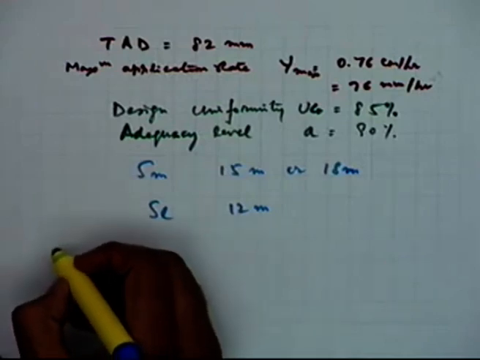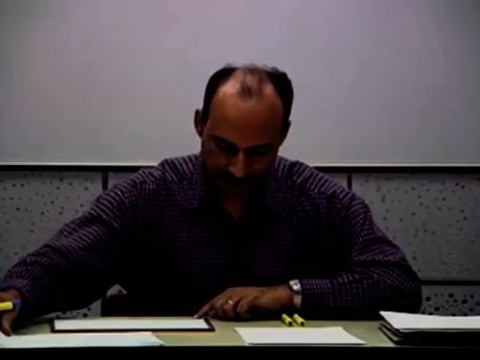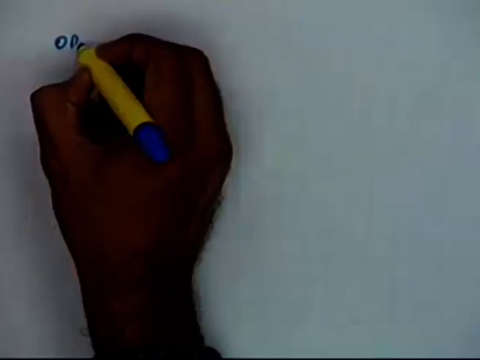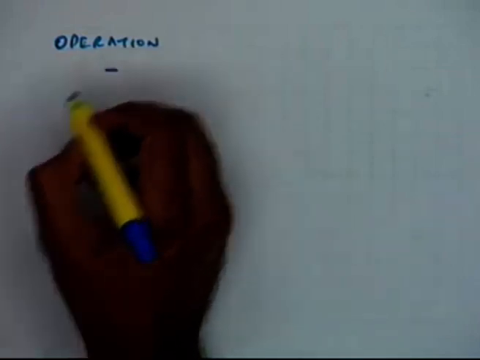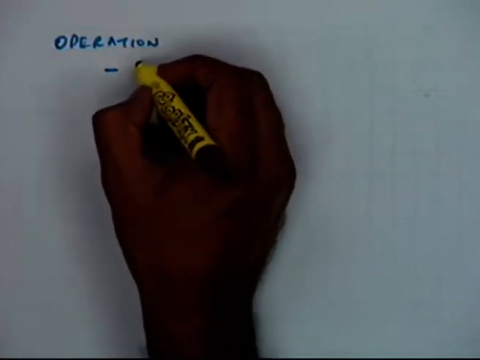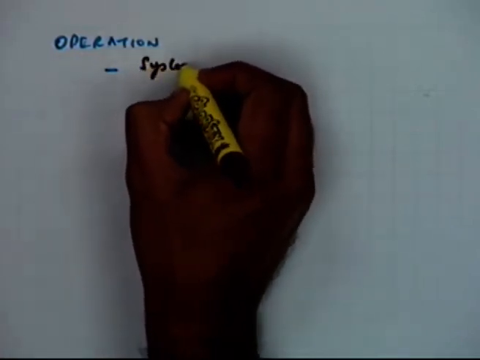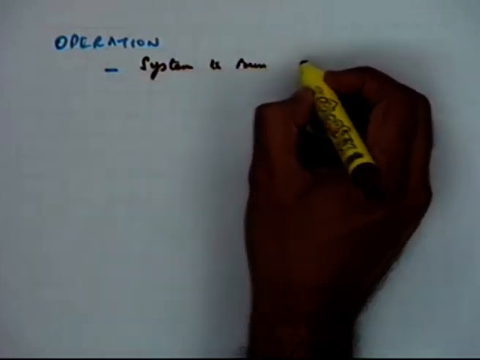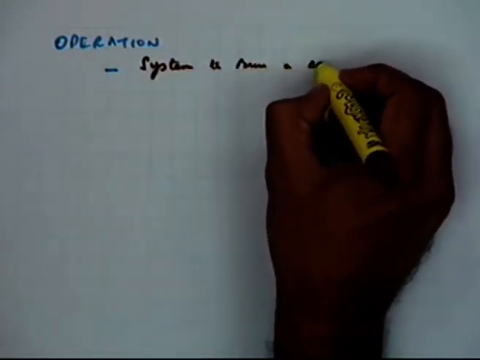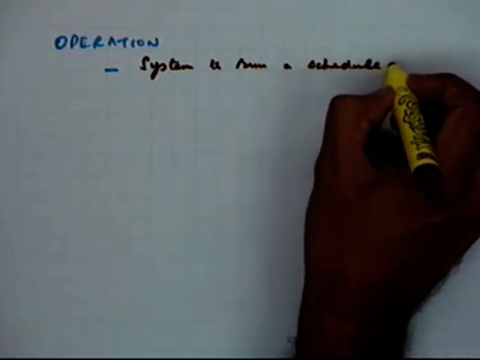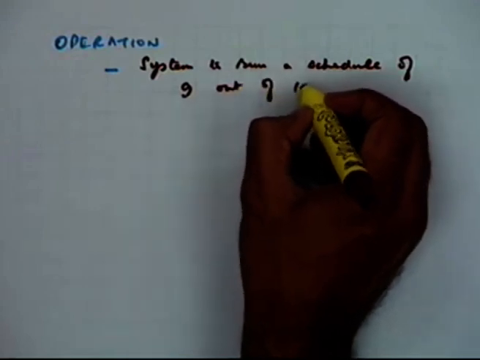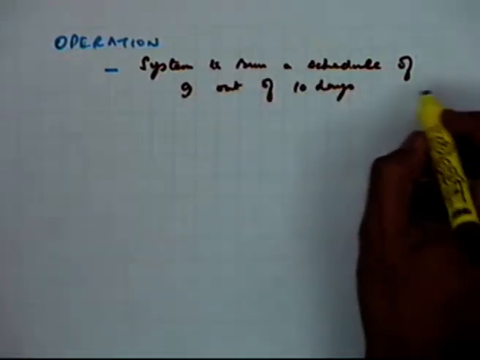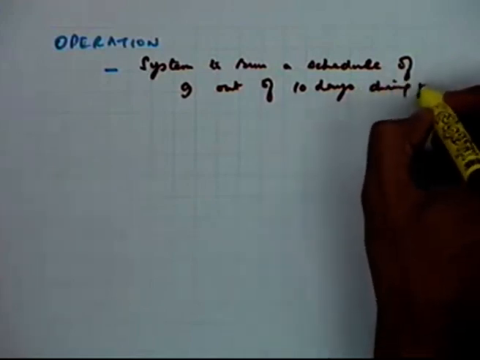So on the operations side, the constraints which are there are: the system is to run a schedule of 9 out of 10 days during the peak period.